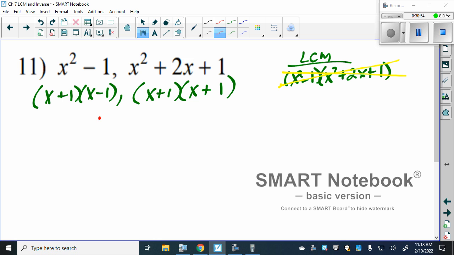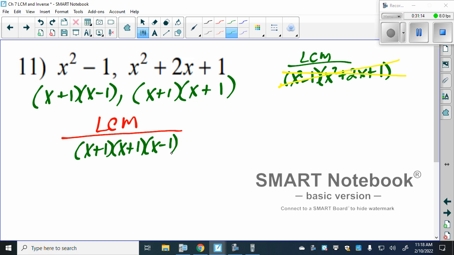Now let's see what the least common multiple is. Well, looking at both of these here, what do we know we need for sure? We need an x plus 1. What else do we need? An x plus 1 and an x minus 1. So this here would be the least common multiple.